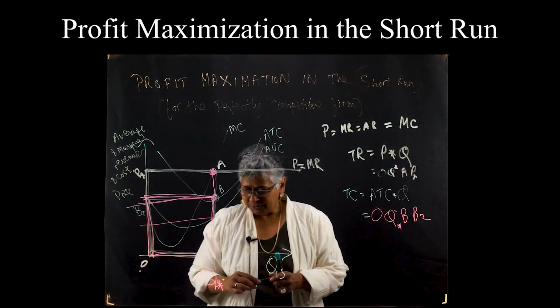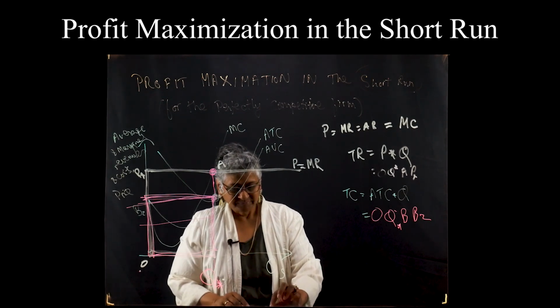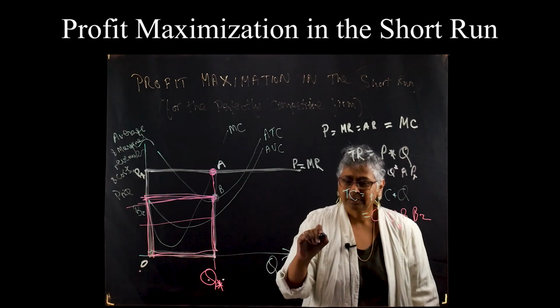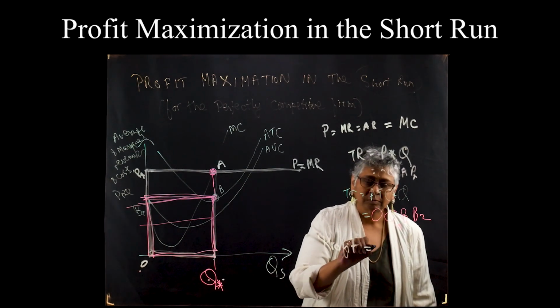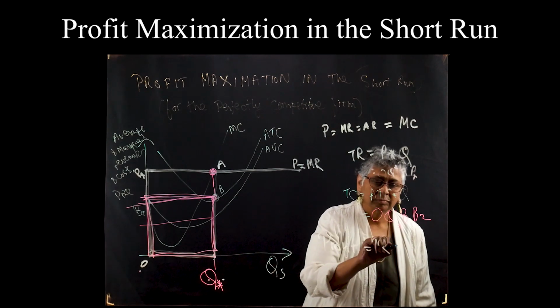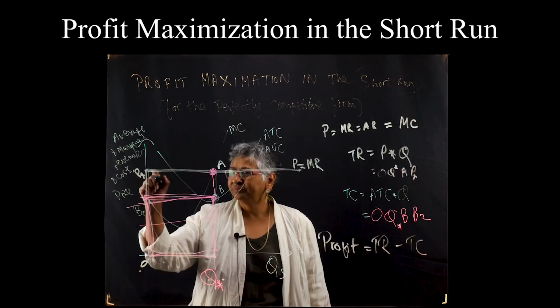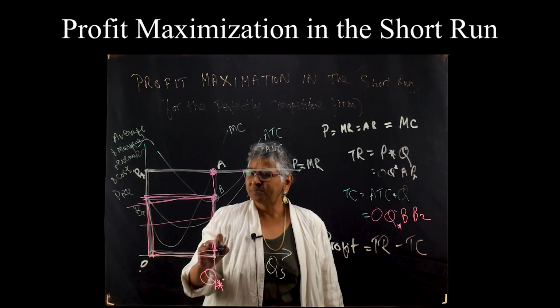It follows then, since profit is total revenue minus total cost, here is my total revenue, here is my total cost.